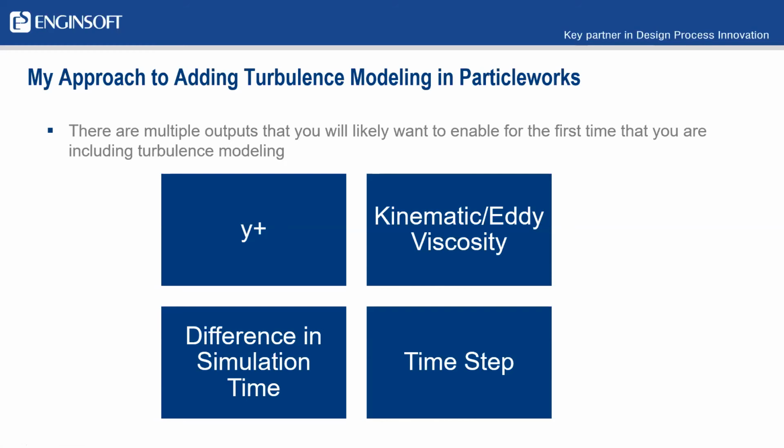You will want to keep track of that and see if the time step is changing. This is a potential area where the simulation can actually break down, and you'll end up having errors, and simulations that will just never finish if you allow them to continue. So you will want to keep track of what the time step is doing when you include the turbulence modeling.